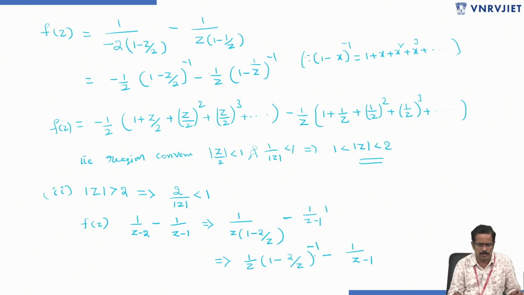Minus 1, the whole 1 minus 2 by z whole power minus 1 has to come, because here 1 by z into 1 minus 2 by z comes to the numerator, meaning power minus 1.